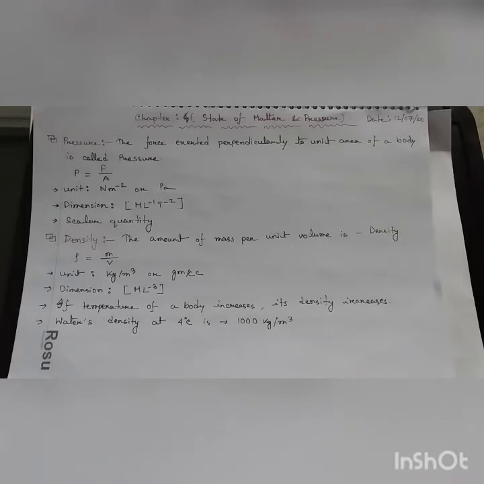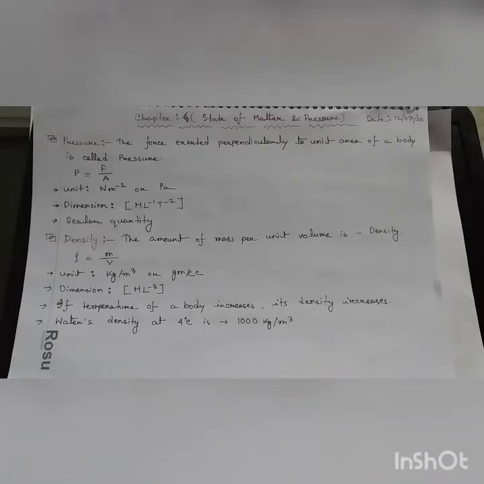As density is mass divided by volume, whenever volume is rising, density is decreasing. So if the temperature of a body increases, its density decreases. Temperature increasing means expansion of volume.